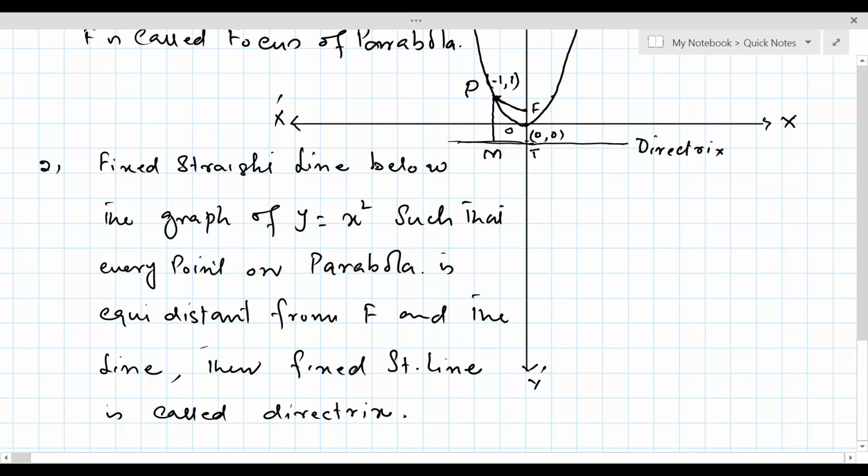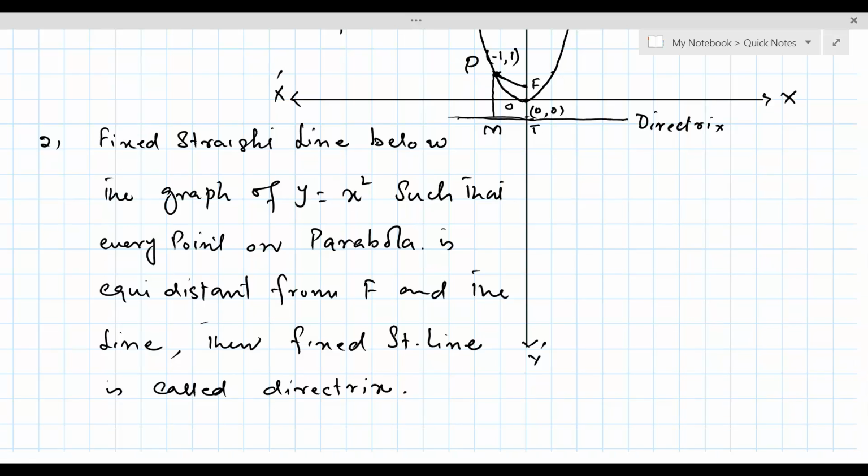And the point O where the graph changes its course is called the vertex.